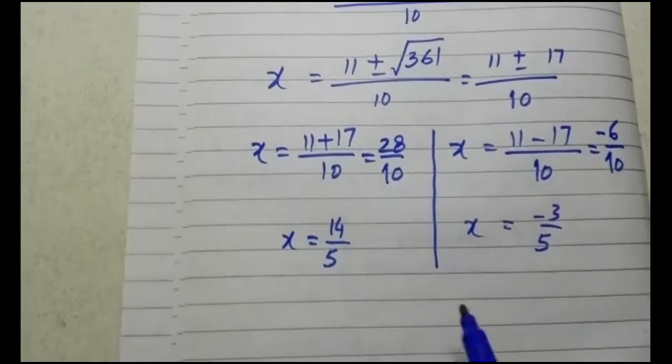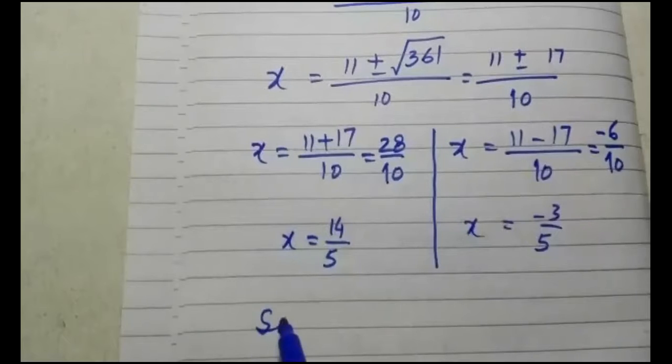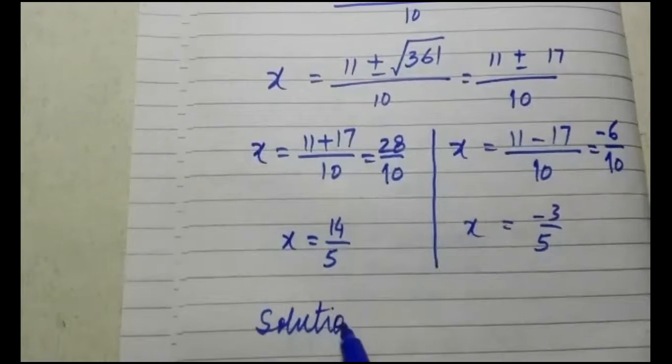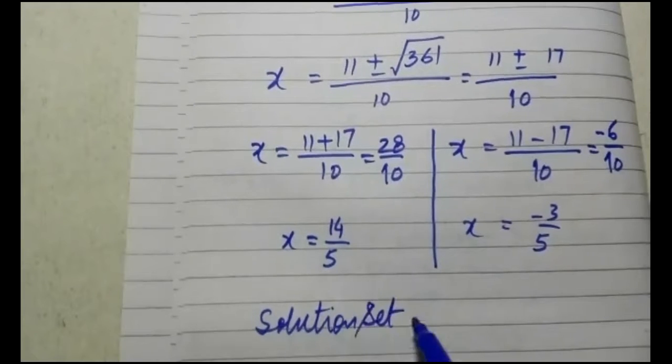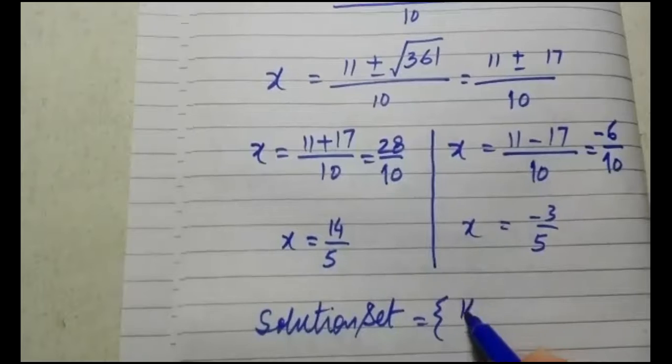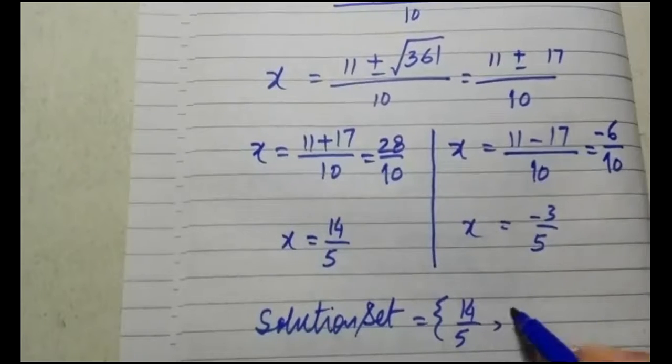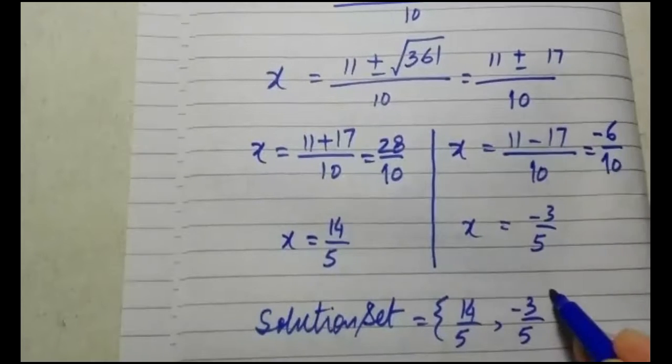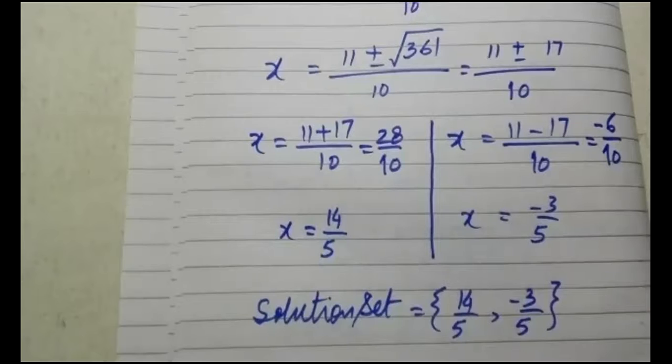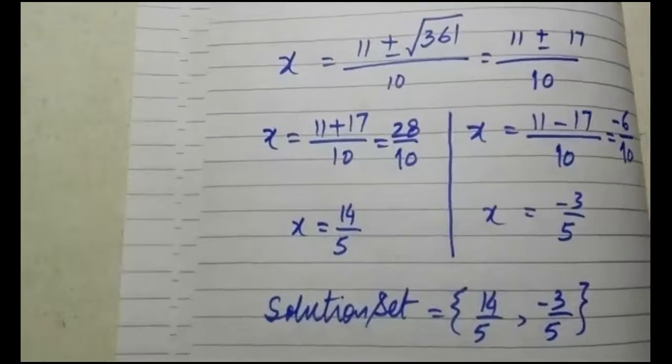So once you complete it, at the end you will write the solution set, that is 14 by 5 comma minus 3 by 5, like this. Okay, we have finished the question.